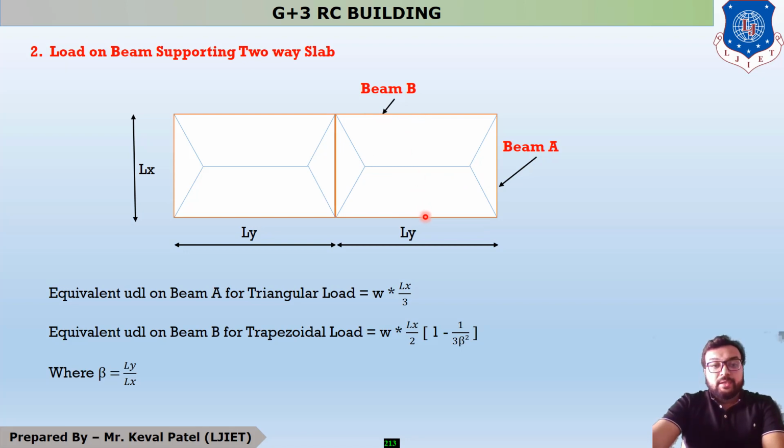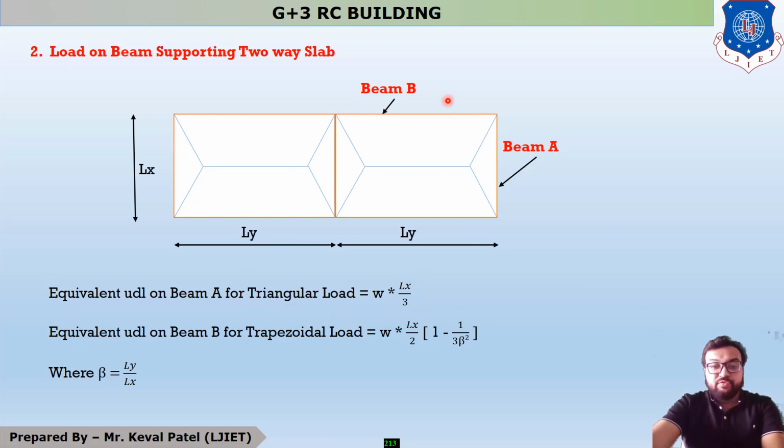Whenever a beam supports a two-way slab, the load distribution diagram is like this. On the shorter span, the load distribution shape is a triangle, and on the longer span, the load distribution shape is trapezoidal. Then what is the equation? The equivalent UDL on beam A, for the triangular load, is W into Lx by 3.